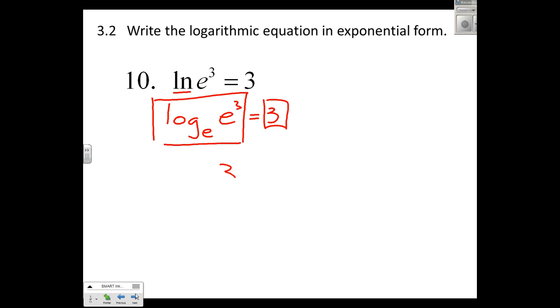So 3 is the exponent that would turn e into the argument. Oh, well, that's pretty obvious there. My apology, I'm not making it any better. Let's try that one more time. Okay, so again, let's read that the correct way. This is the exponent, and this is equal to 3, so 3 is the exponent that turns our base e into e to the third, the argument.